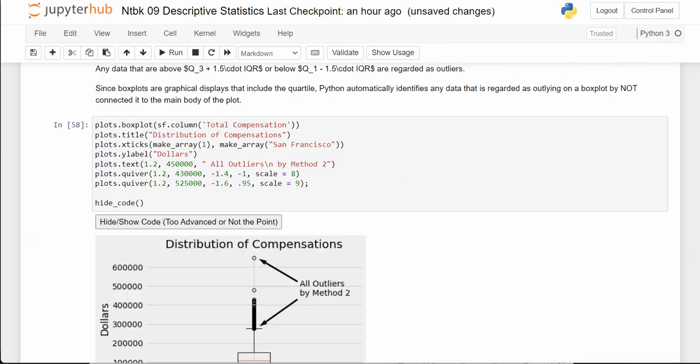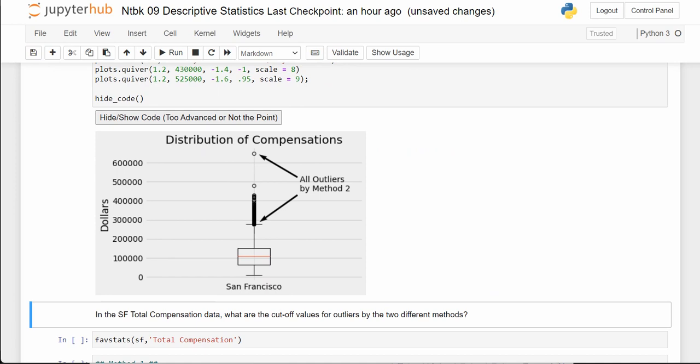And let's show this. Okay, so what happened? Well, right here is Q3. And the way we determine outliers is we do Q3 plus 1.5 times IQR. So sorry, I do struggle a little bit when I'm trying to type or write with the mouse, okay? So I take 1.5 times the IQR.